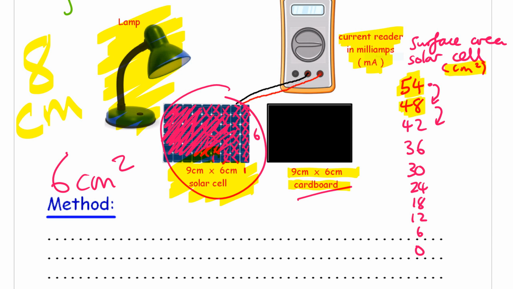It's now gone down to 48. Move and take a current reading in milliamps. Keep moving the cardboard so that a reading for the current reader is taken with a reduced surface area of 6 centimeters squared.